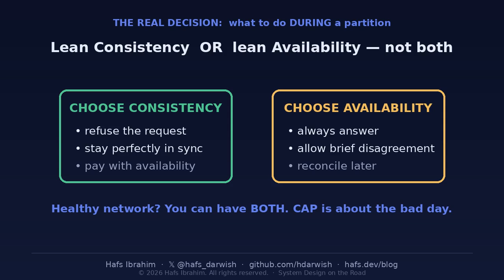Let's anchor this in systems you actually use. When you post a photo and a friend sees it a few seconds late, that's a system choosing availability. It answered you instantly and let the update ripple out. Cassandra and DynamoDB are built this way, they favor staying up and answering, accepting brief disagreement. That's fine for a like count or a feed. But now think about a bank transfer, or reserving the last seat on a flight.